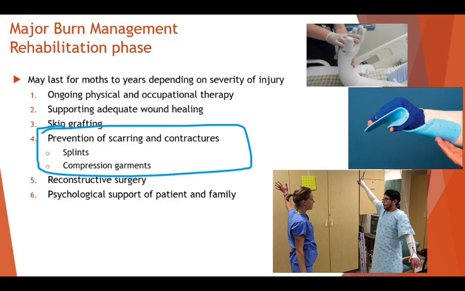So splints, compression garments. You can see the man down there doing physical therapy on his arms, he has arm thickness burns, but he's wearing his compression garments, which reduce the amount of scarring going on. So really physical therapy and prevention of scarring and contractures are our big takeaways for the rehab phase.